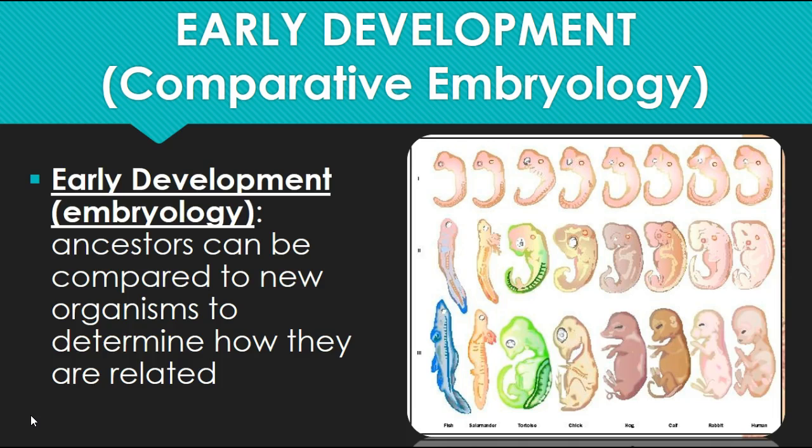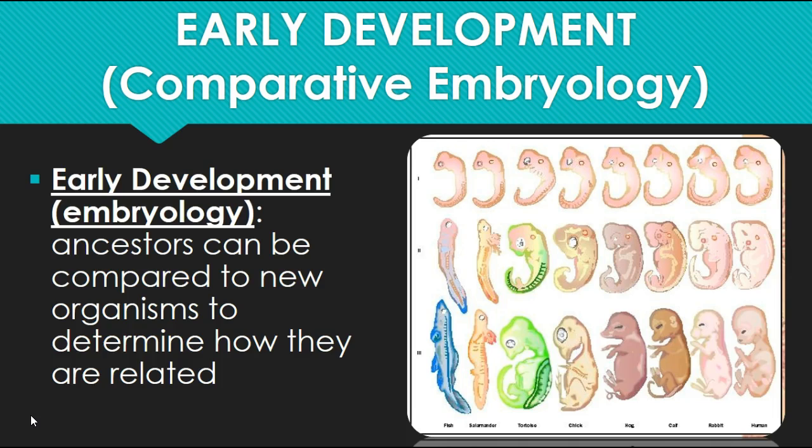Now, if we look at this picture, we can see that starting from left to right, we've got a fish, a salamander, a tortoise, a chick, a hog, a cat, a rabbit, and a human. And on the bottom, this is a later stage of embryologic development. These are not born yet, but even then you can see that they look very different. They look like distinctly different species.